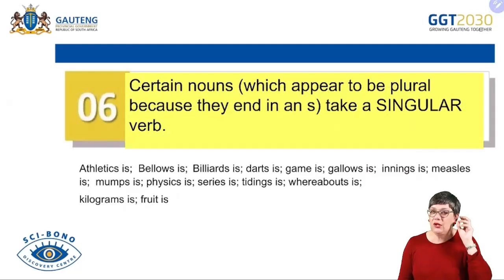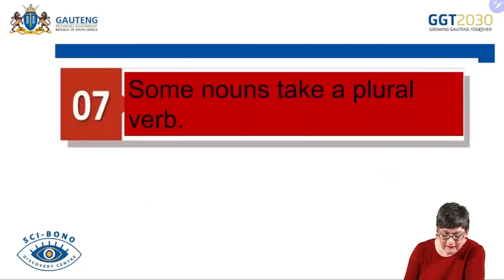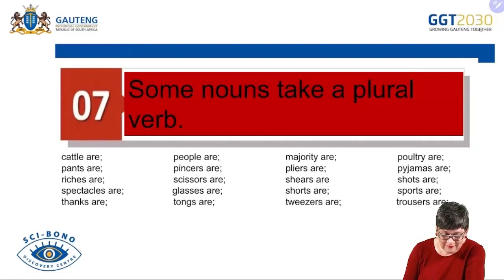So these are words you have to remember and remind yourself that these guys always take is. All right? Now, on the other hand, some nouns take a plural verb. Now, look at these guys. People and shorts and things and spectacles and pajamas. Oh my goodness.